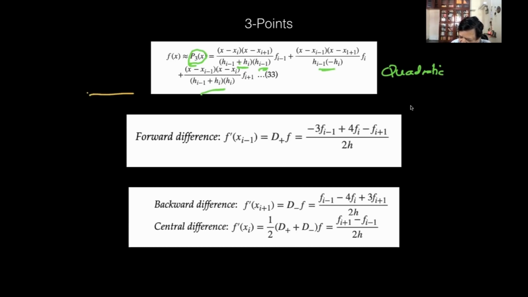So xi minus 1, xi, xi plus 1, and the functions may be like that. I have a picture in the next slide. Just give me a minute. So anyway, these are the functions. Now the real function is going maybe something like this, but I approximate by the quadratic function.